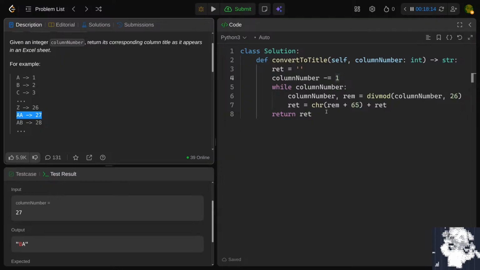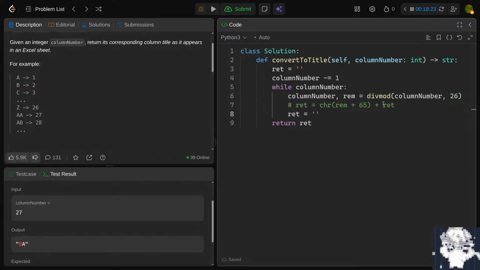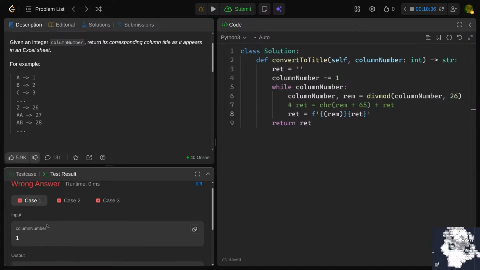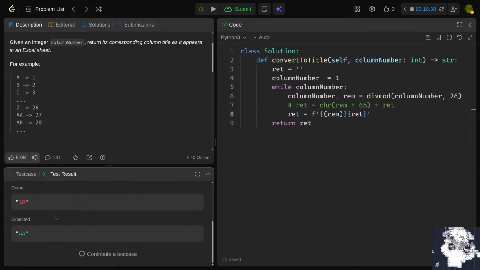Let's try not converting them to characters for a second. Ret equals an f string that just has rem. I meant to put it around parentheses.